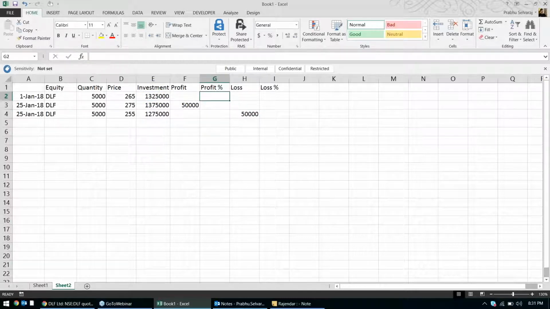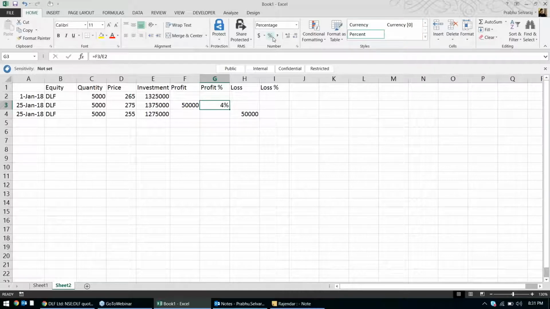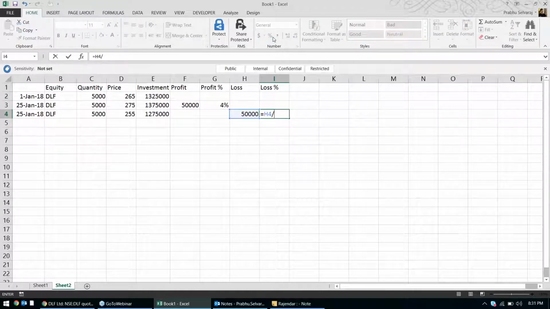So what is the profit percentage on this investment? 4% on the investment is your profit. The same way, 4% on the investment is your loss.